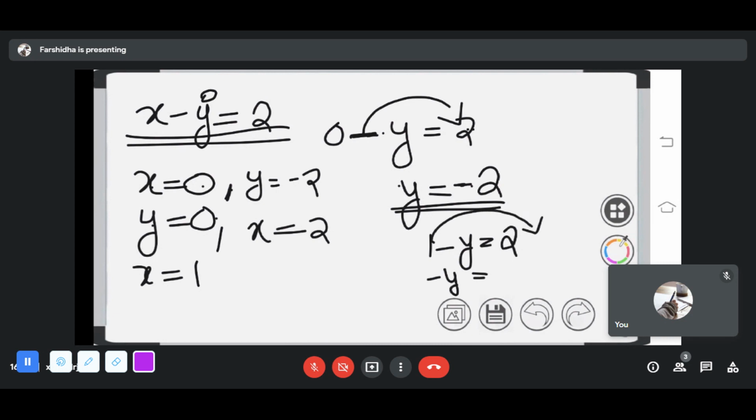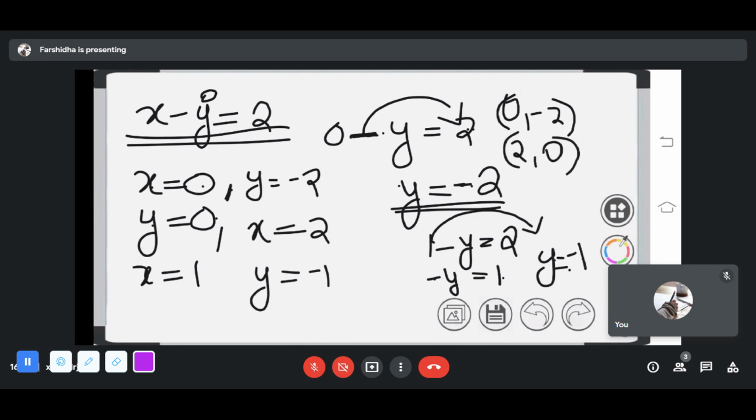The 1 will go to the other side, so 2 minus 1 is 1. Therefore, minus y is equal to 1, so y is equal to minus 1. Now your points are (0, minus 2), (2, 0), and (1, minus 1). Now plot it in the graph.